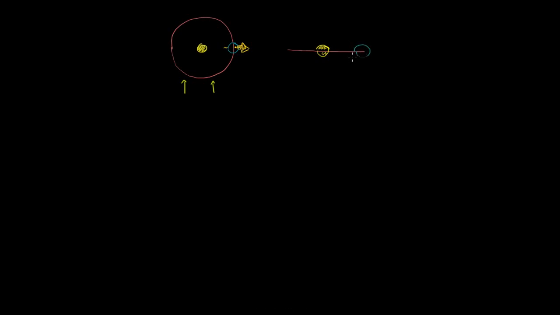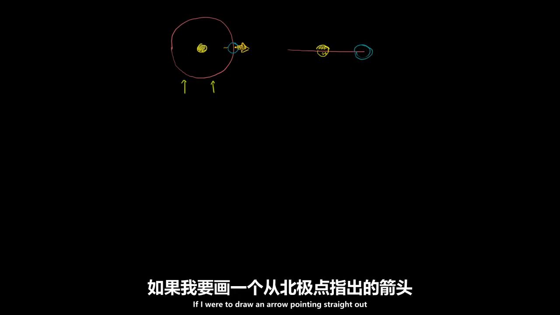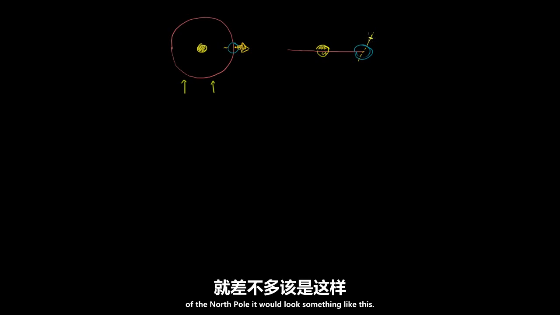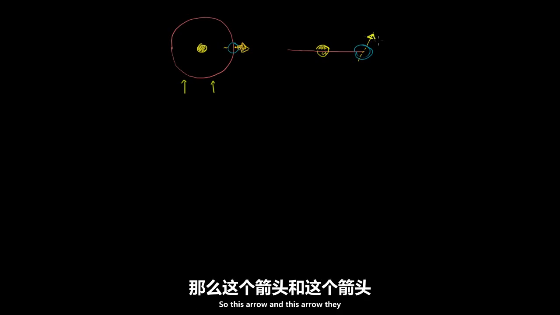If I were to draw an arrow coming straight out of the North Pole, it would look something like this. So this arrow and this arrow, they are both popping straight out of the North Pole.